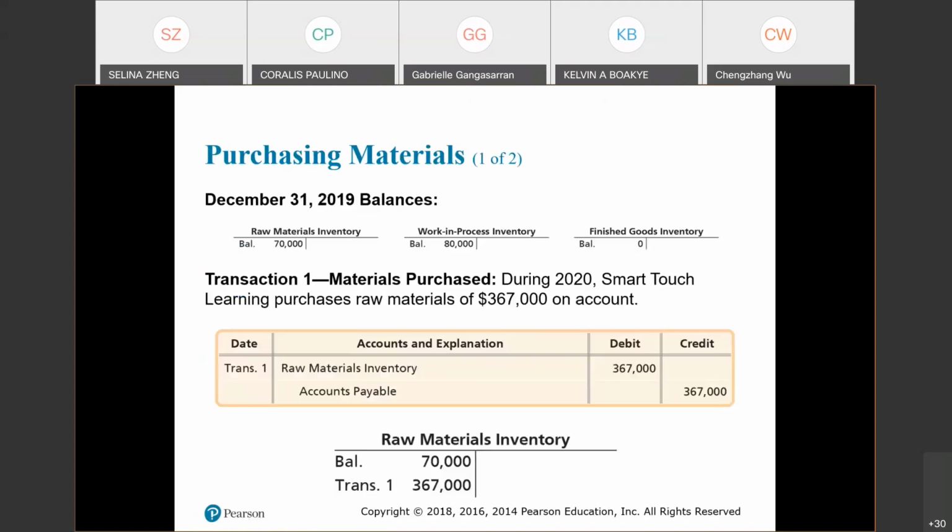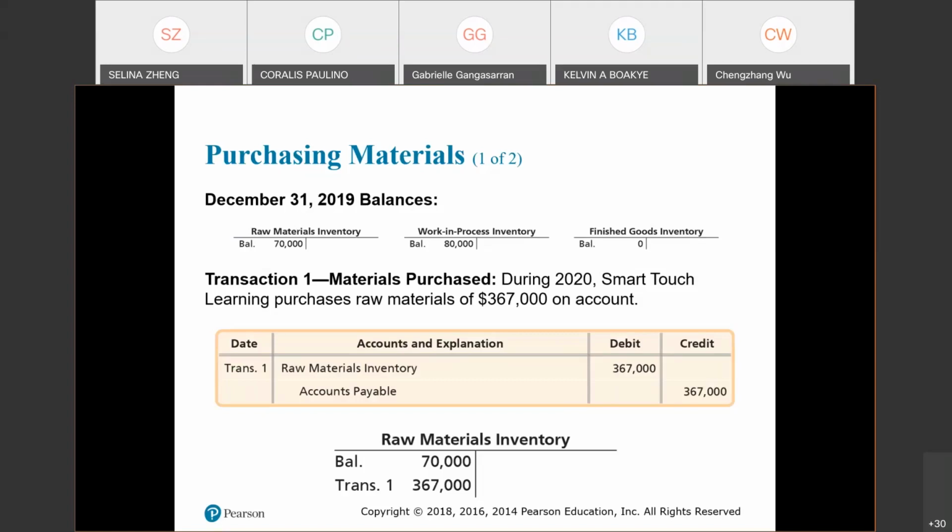Okay, first of all, let's see how to record the purchase of raw materials. Transaction 1. During 2020, Smart Touch Learning purchases raw materials for $367,000 on account. That is pretty much easy for you guys who have taken financial accounting classes.